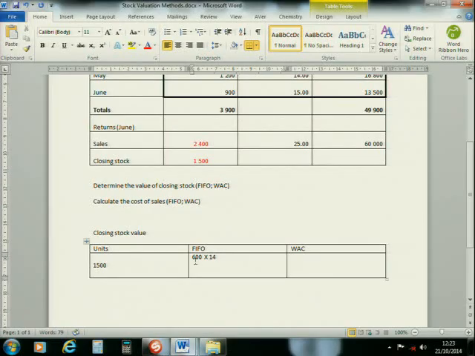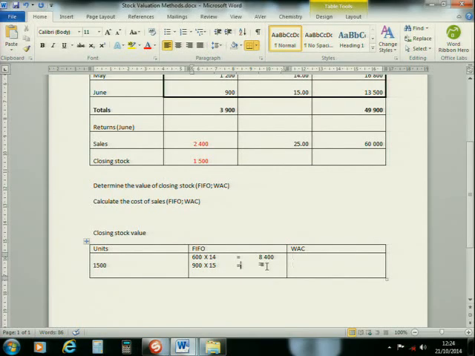Which is equal to 600 times 14, 8,400, plus the 900 units remaining at 15. You don't have to go through this exercise, but I'll do it, times 15, because it's given already.